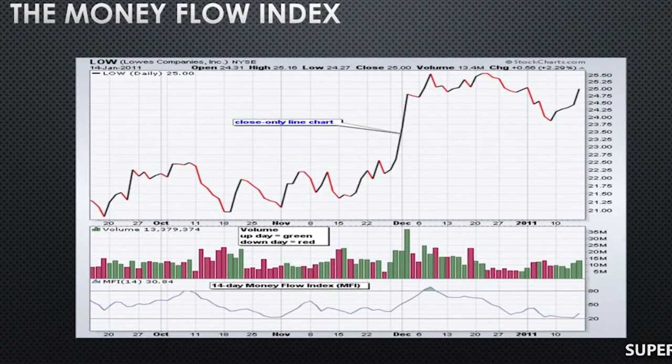If it is moving towards the 70 to 80 range, it is considered overbought and we can sell it. If it is moving towards the 20 to 30 range, it is considered oversold and we can buy such a security. Okay, so this is all about the money flow index and the relative strength index. Thank you.